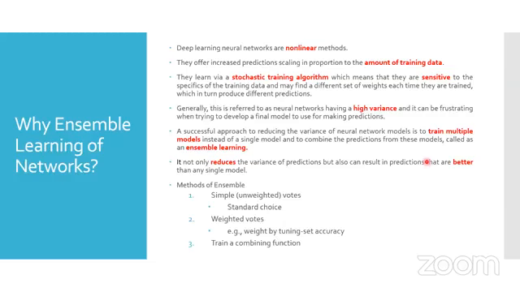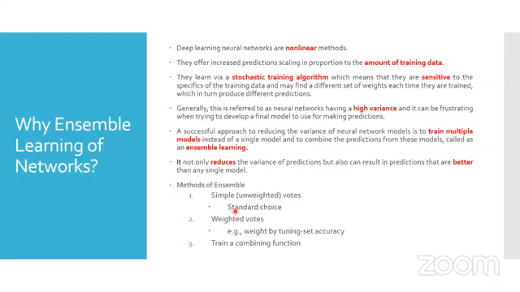Okay, so why, what happens? Because in ensemble learning, at one time one network will be better, and maybe the other two networks are performing poorly, but you will find that at any instant of your experimentation, one network will be giving you better results than the others. Okay, so in that case, your overall performance will always be higher. Okay, so that is the advantage of ensemble learning.